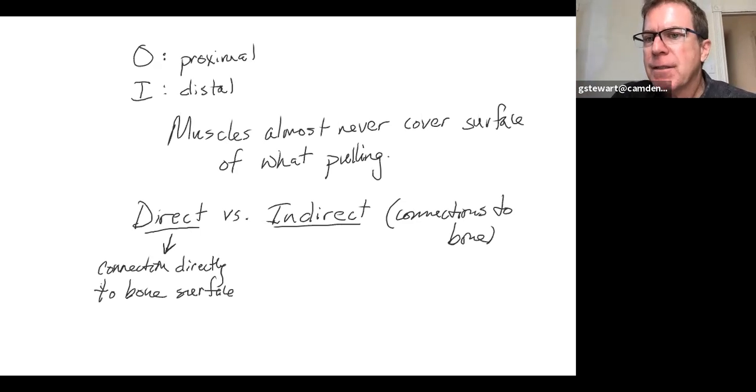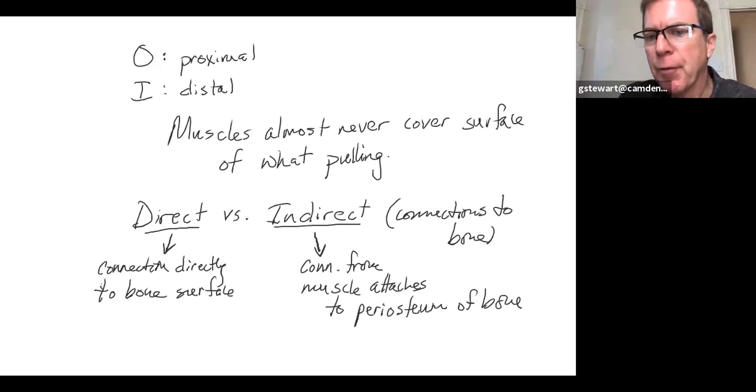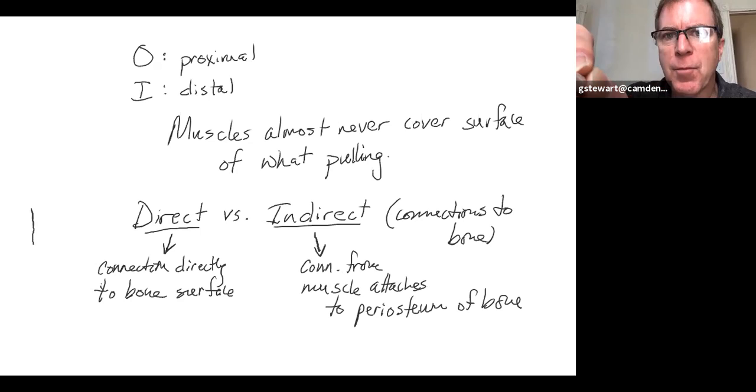An indirect attachment, by the strict scientific definition, means the connection from the muscle attaches to the periosteum of the bone. Here's an example. I'm going to draw the head of the femur.